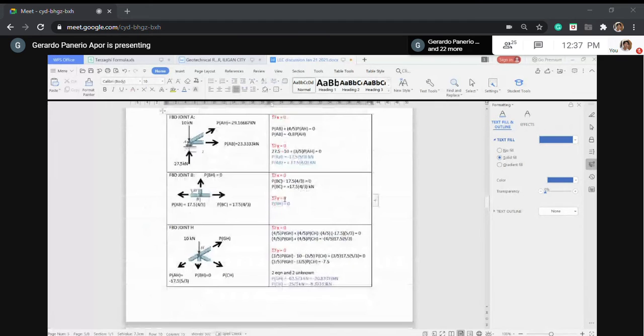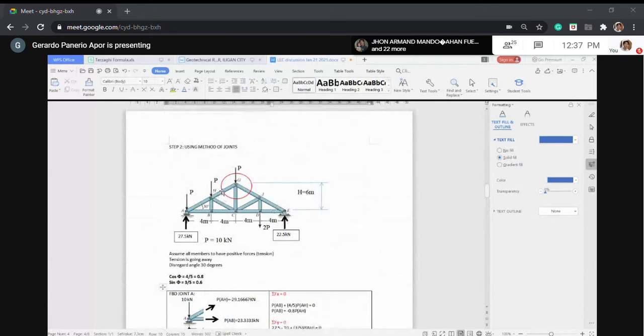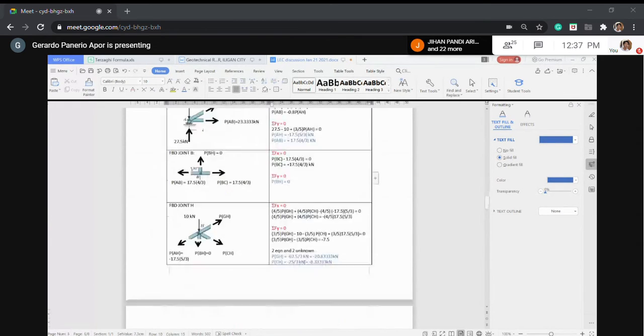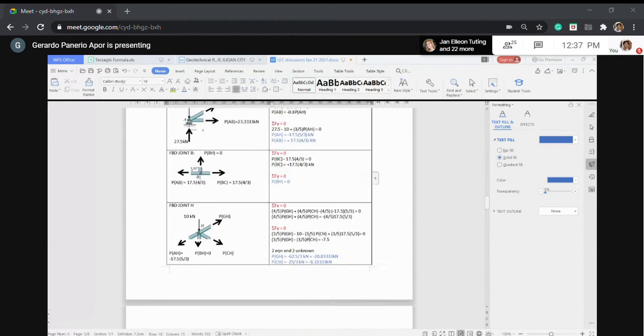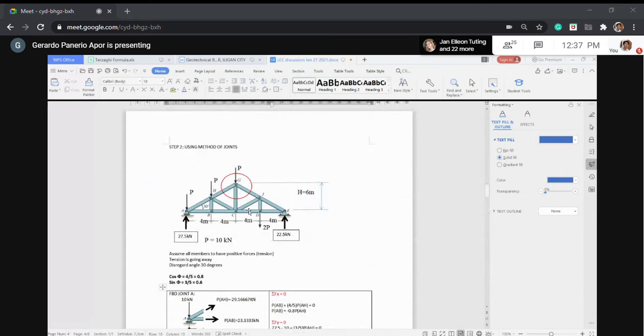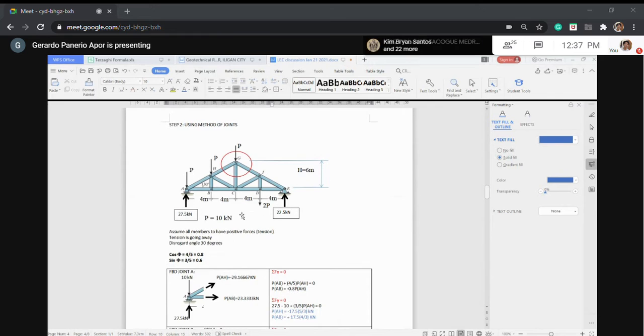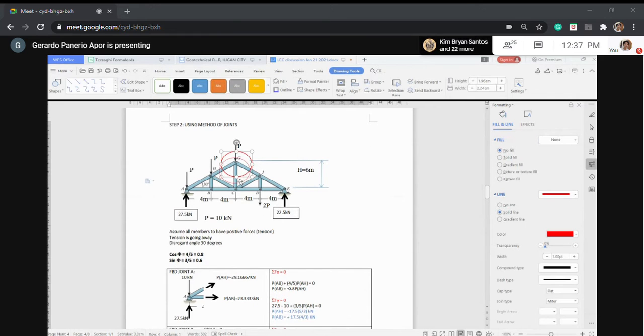So that means I have determined this, determined that, determined that, determined that, determined this. So that means it will be just by doing the same process, no? But it's so tedious, so I will stop at this point so I can proceed with another topic. So you can do that actually. You can finish all of this by doing joint to joint. No? So the next joint is you go here, you go here.